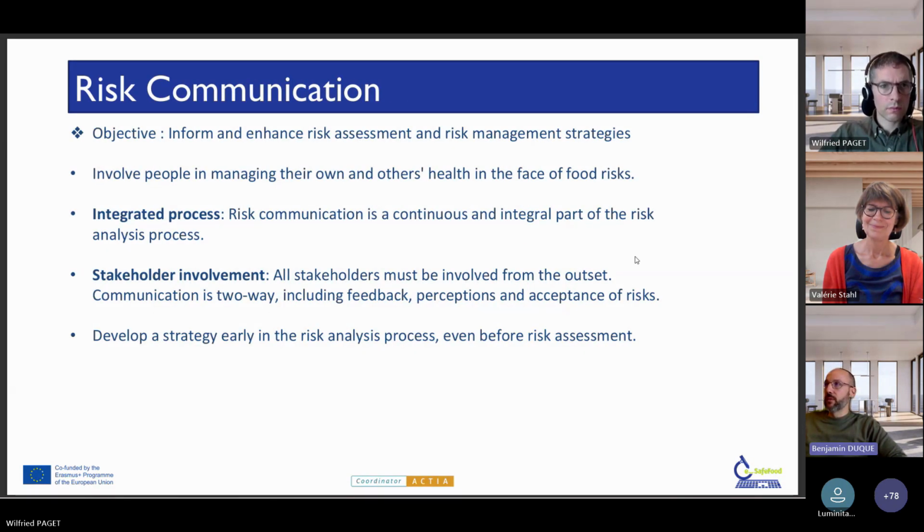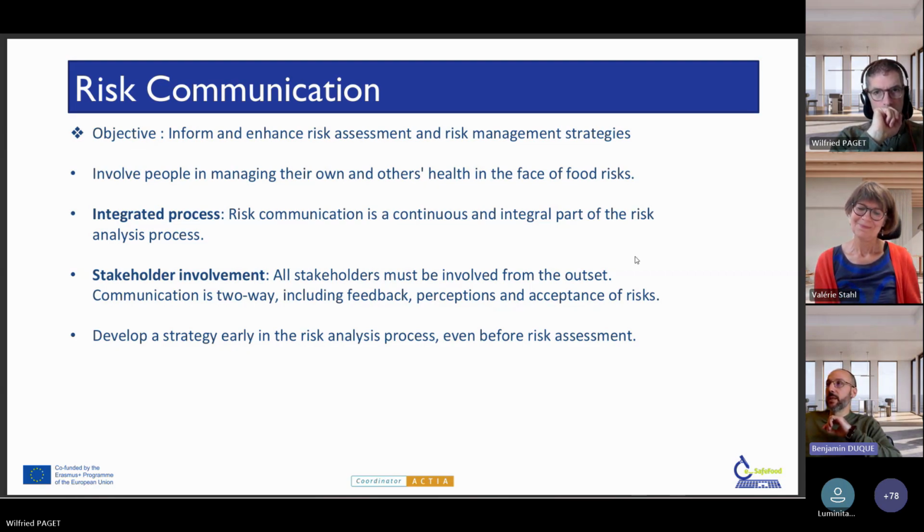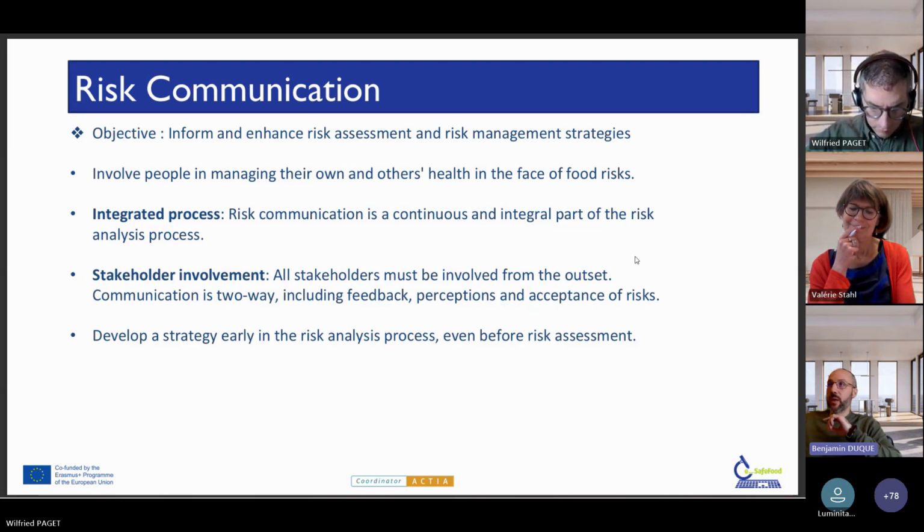And the last component of a risk analysis is the risk communication. The objective of this step is to inform and enhance risk assessments and risk management strategies. So it's also an integrative process, even if it's less known than the risk management and the risk assessment, but this step is a continuous and integral part of the risk analysis process.